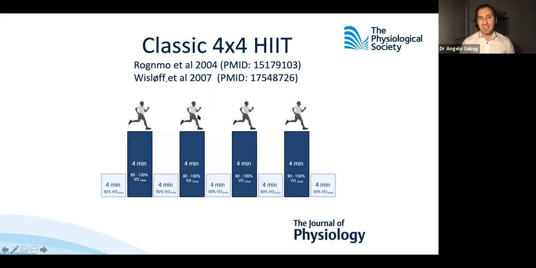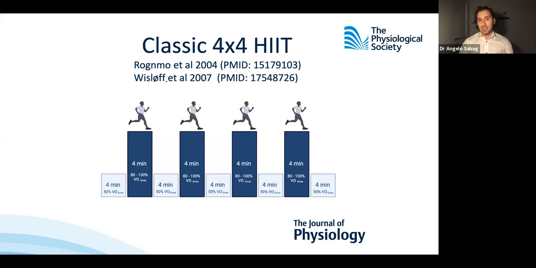The early studies that looked at high intensity interval training were published by Rognmo and by Ulrik Wisløff in the mid 2000s. They showed that this intervention, which is 4 by 4 minutes of high intensity exercise, elicited similar and at times greater improvements in a variety of cardiovascular outcomes, and that this style of training was also effective and safe in clinical populations.